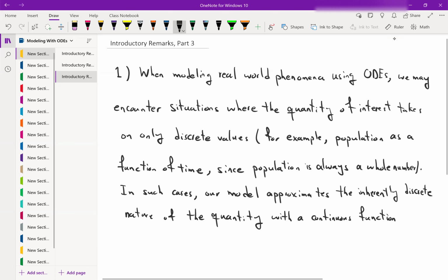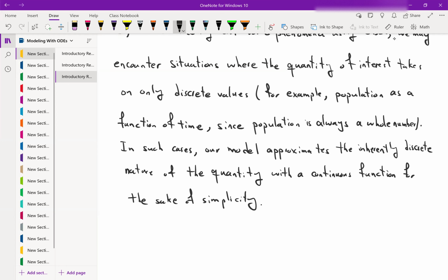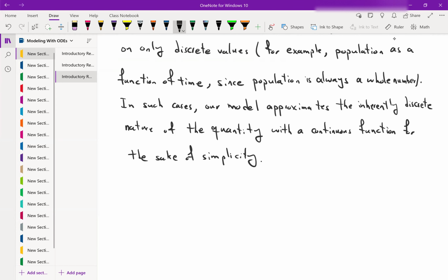So just to be very clear about what's going on here, as a continuous function, for the sake of simplicity, we want to create a simple differential equation model. Okay, now this is what I mean. Let's say that you have, and we will discuss these things carefully when we talk about the specific examples, a model and the main purpose of that model is to predict the population of a certain animal species.